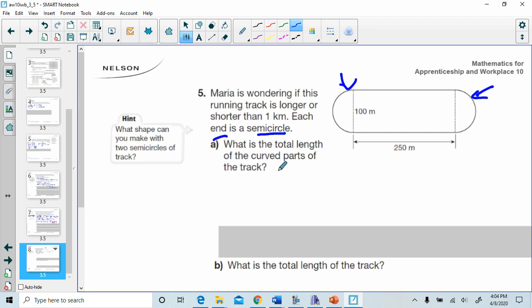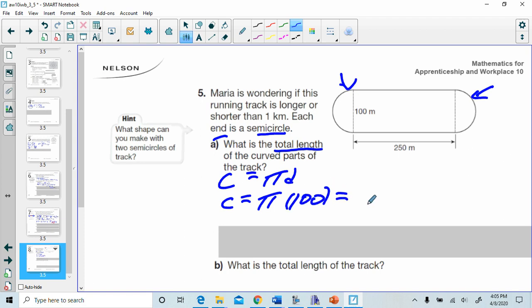We're looking for circumference because we're talking about total length, which is pi d. We're looking at the ends first, then we can take into account the straight portion after. So right now we're just looking at the curved part. Circumference being pi times diameter of 100.